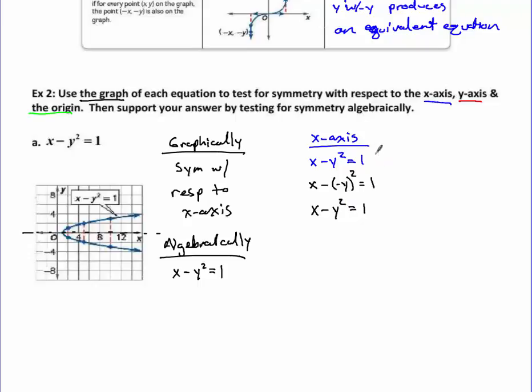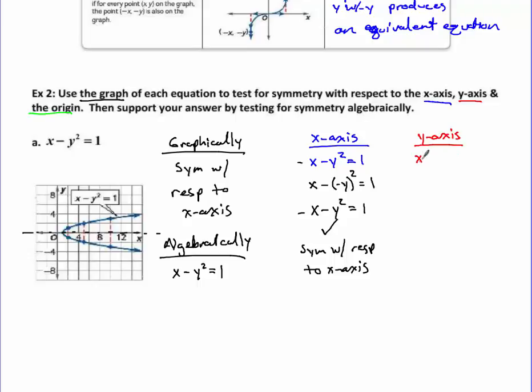Then we look, is the equation that we started with the same as the new one after we substituted a negative y? And it is. So we are symmetric with respect to the x-axis.